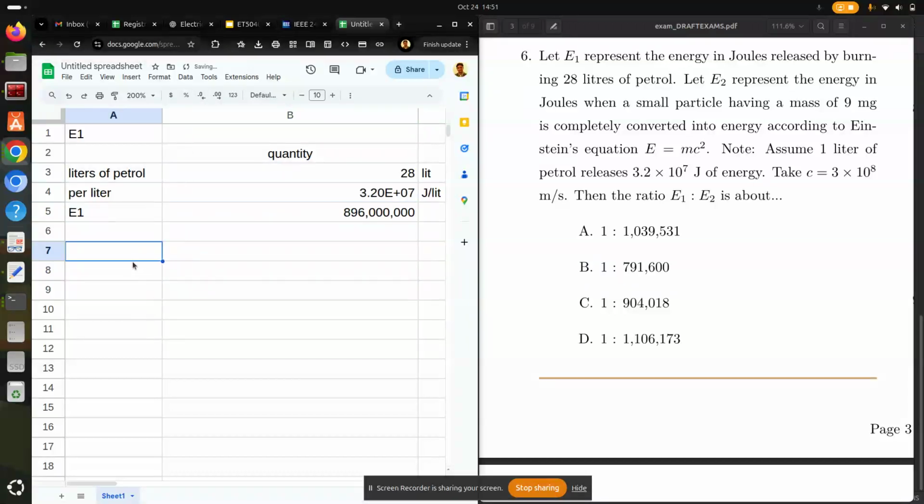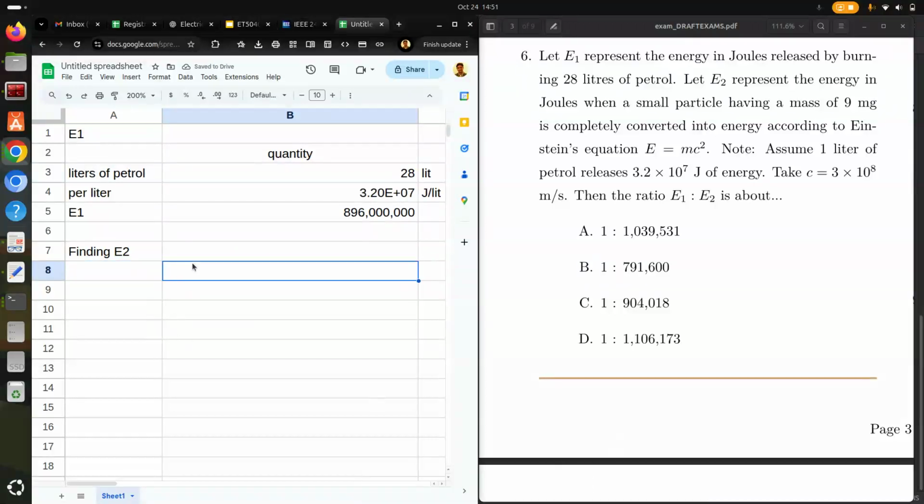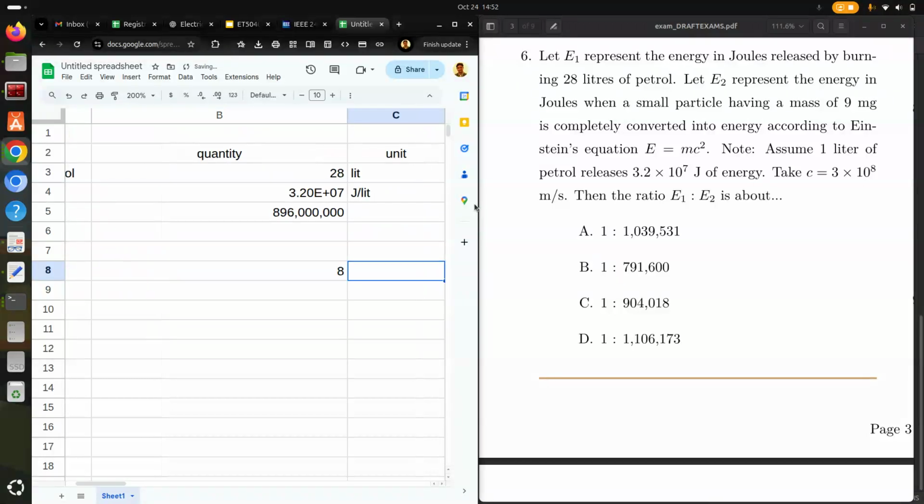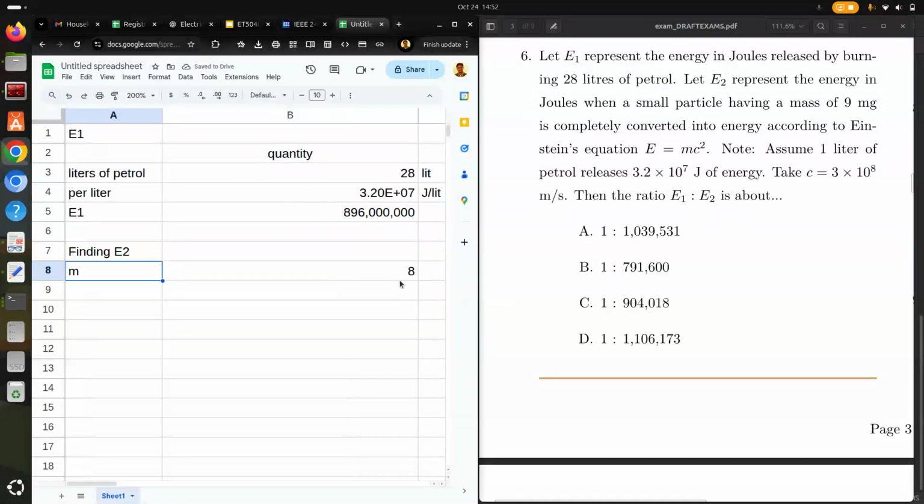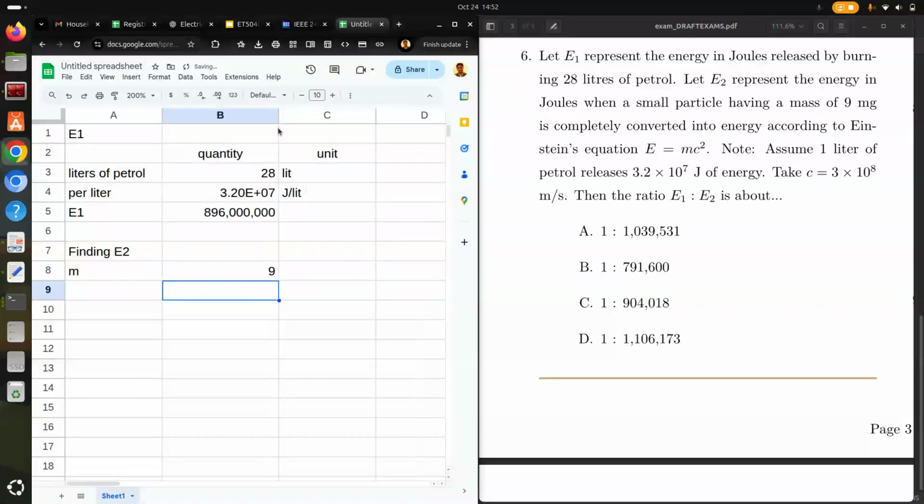Now comes the interesting thing: finding E2. How do we find E2? On the right, if you see, let E2 represent energy in joules of a small particle having a mass of 9 milligrams. We use the formula E equals mc squared.